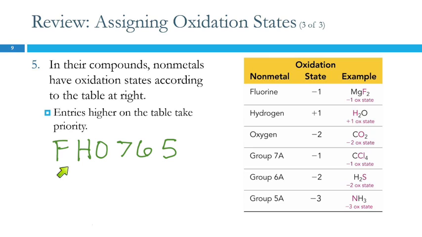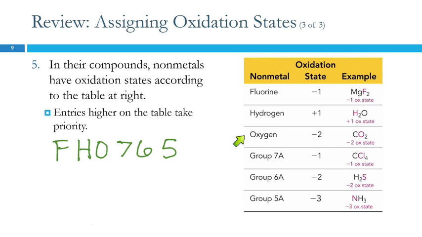So the letters here and the numbers give us the order of priority for the nonmetals. So the way I think of this is there's no charge in this molecular compound, but what would this atom like to have as a charge if it was an ion, right? What would fluorine like to have if it's an ion? -1. We learned that because group 7 is going to be -1. What charge does hydrogen have if it's an ion? +1.